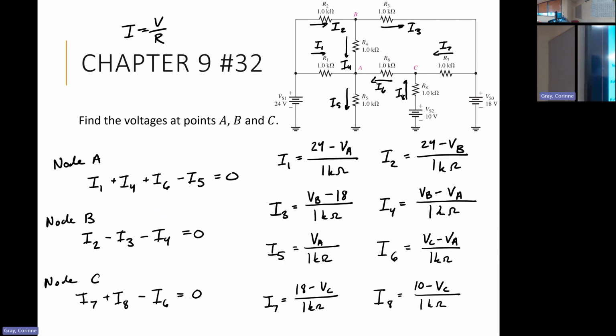But then when I go through to do this, it'd be VA minus VB, so it's a negative times a negative, so it'll cancel out. So it does not matter. Any questions on 32 or the node method in general?